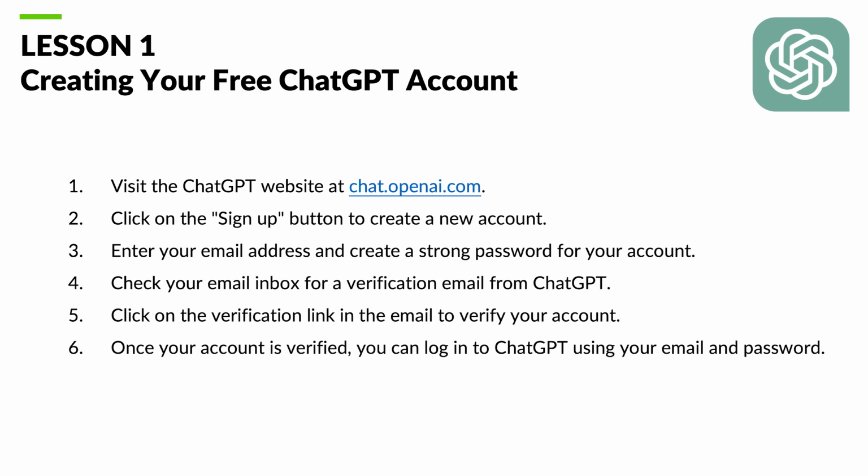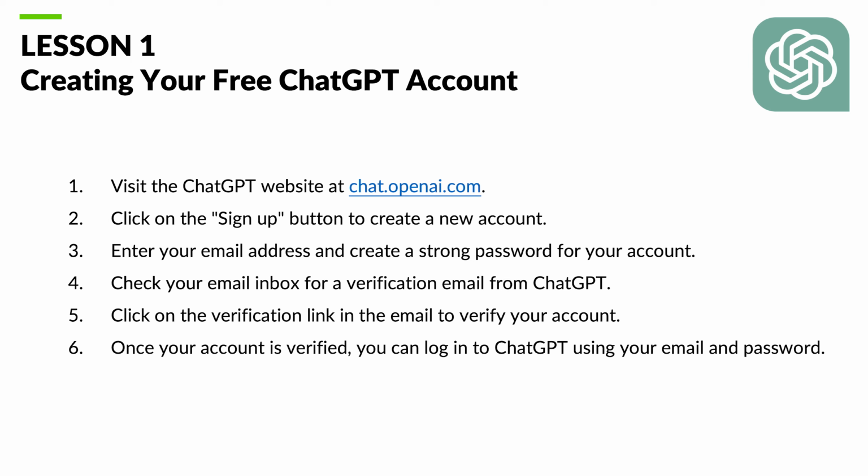Lesson 1, we're going to talk about creating your free ChatGPT account. So I want you to go to the ChatGPT website, which is chat.openai.com. You're going to click on the sign up button to create a new account. You enter your email address and create a strong password.